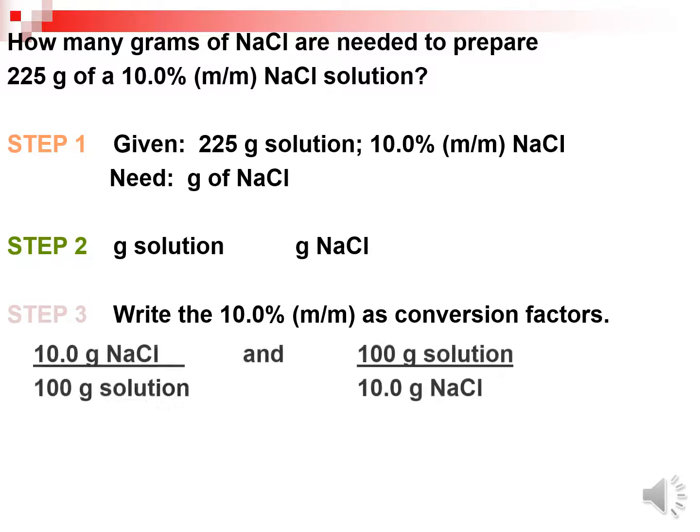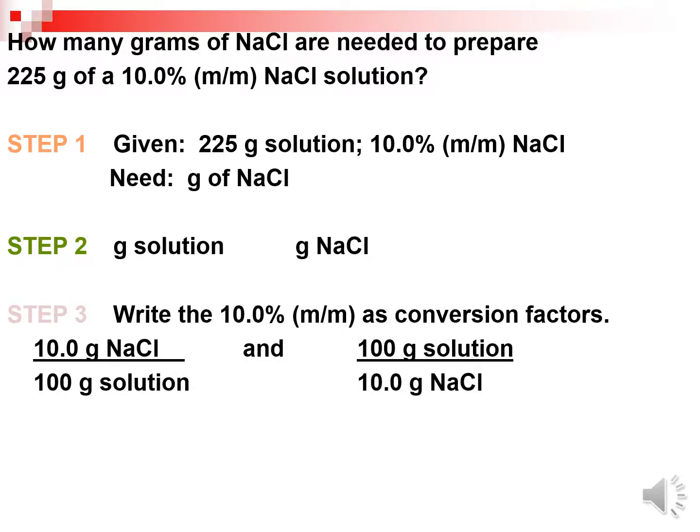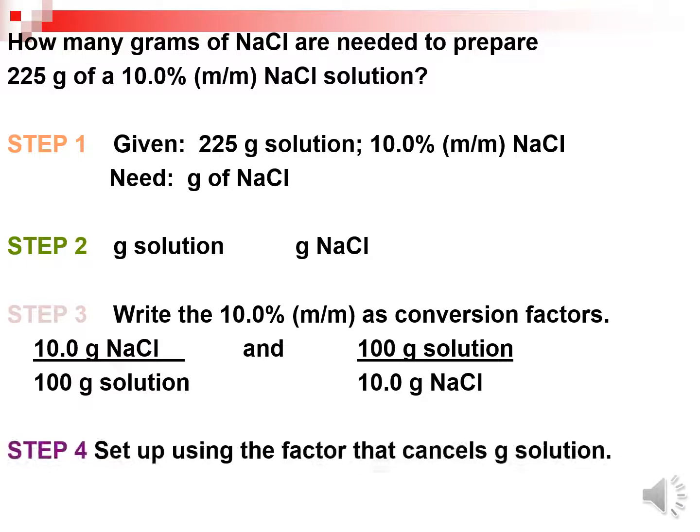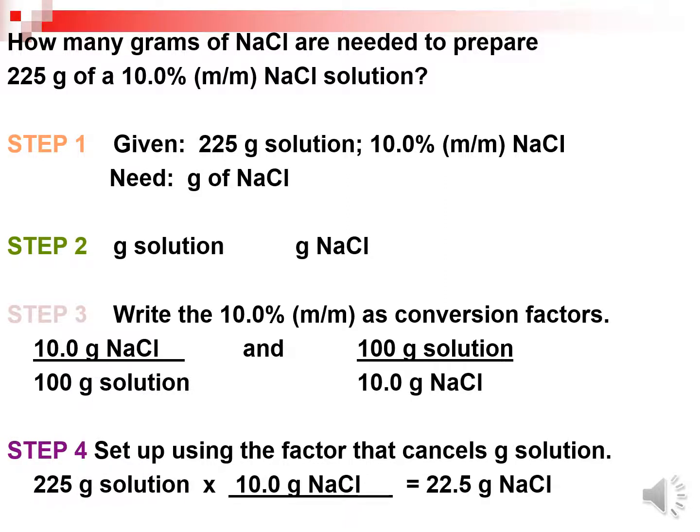I have two conversion factors, 100 grams of NaCl over 100 grams of solution, or 100 grams of solution over 10 grams of NaCl. The first conversion factor actually helps me solve it because I want to start with 225 grams of solution and multiply by 10 grams of NaCl over 100 grams of solution, so the grams of solution cancels out. 225 times 10 divided by 100 is 22.5 grams of NaCl.